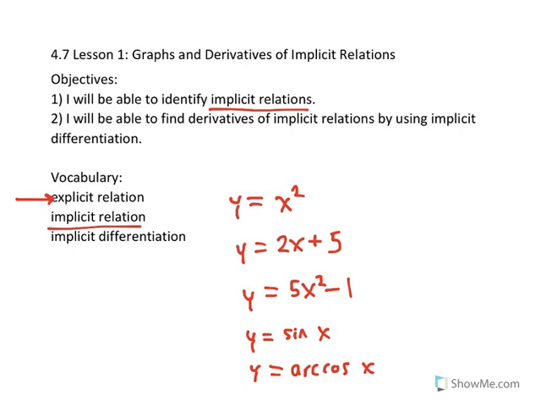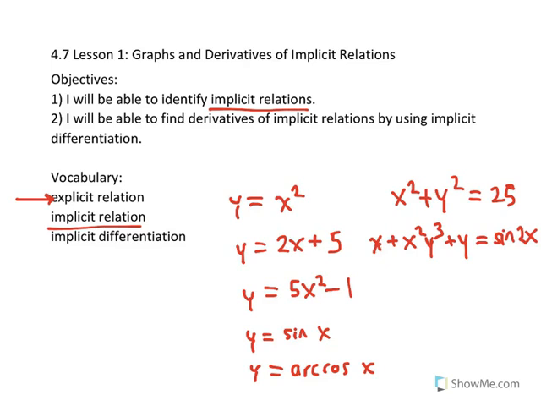What's an example of an implicit relation? You don't have y isolated in an implicit relation. So for example, you could have x squared plus y squared is equal to 25. This is an implicit relation because we do not have y isolated. Here's another implicit relation. We have x plus x squared times y cubed plus y is equal to sine of 2x.